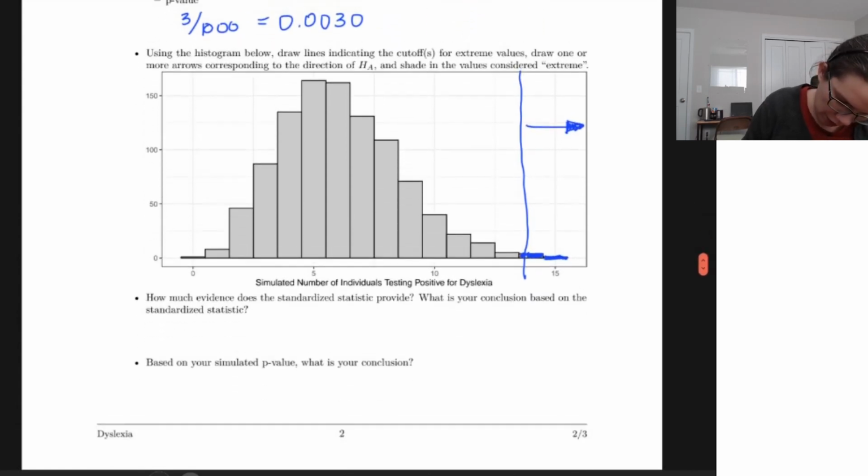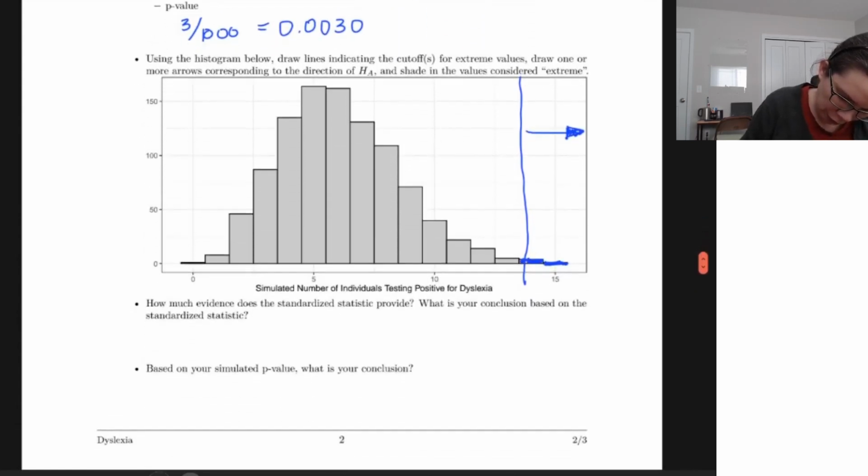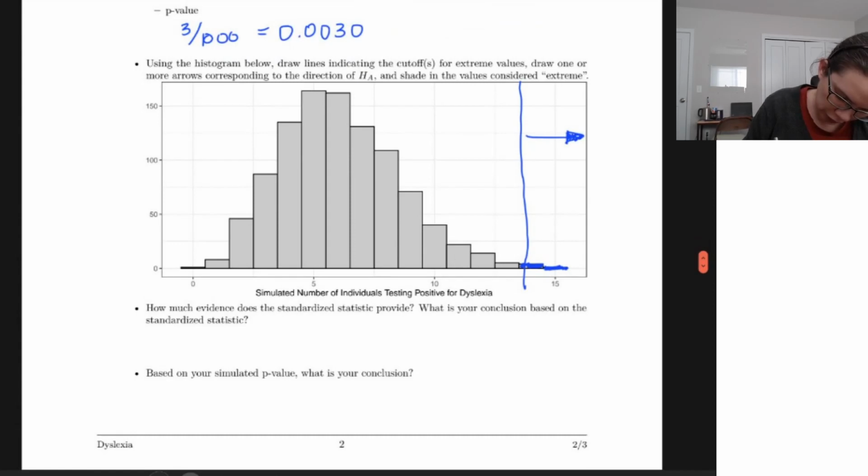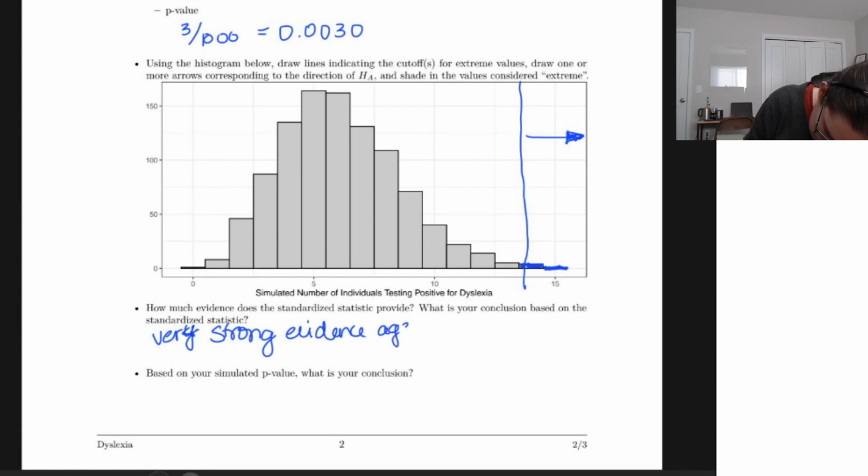Okay, the standardized statistic is 3.5, which corresponds to quite a lot of evidence, right? Very strong evidence against the null hypothesis.